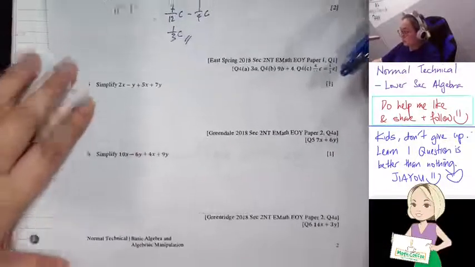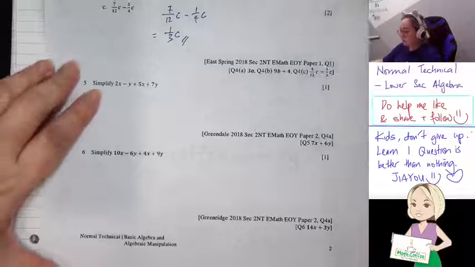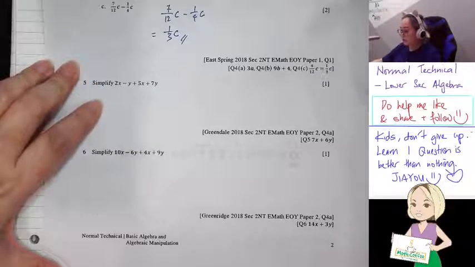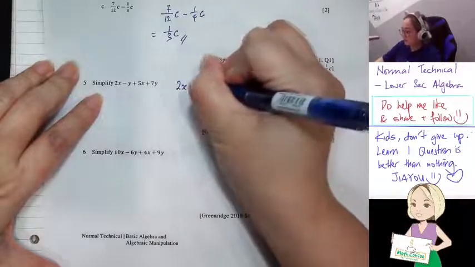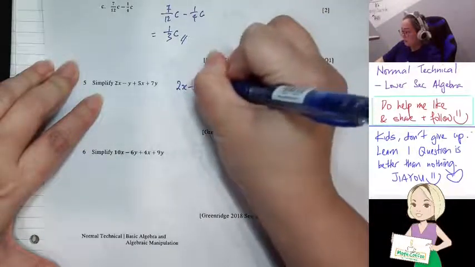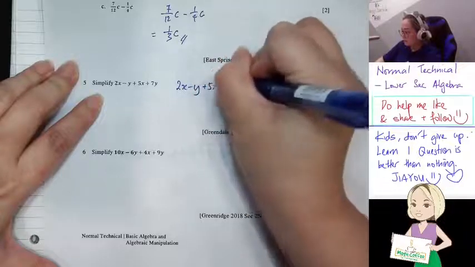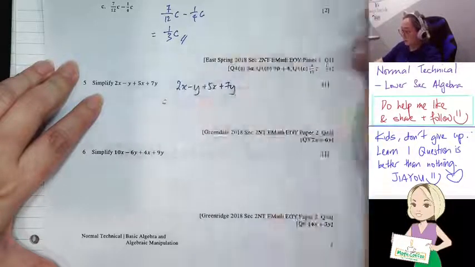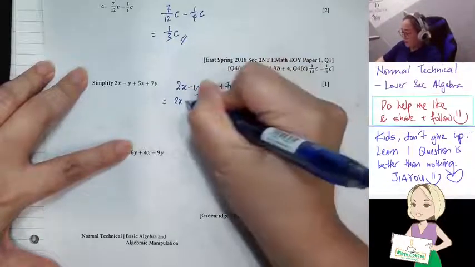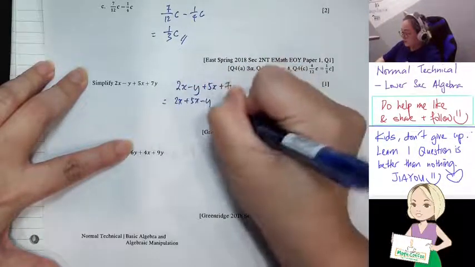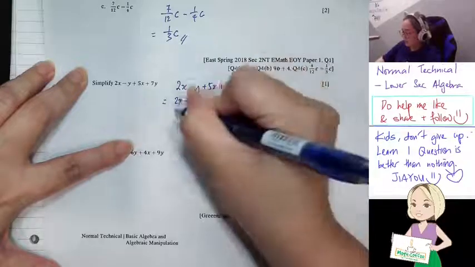Next, question 5. Simplify 2x minus y plus 5x plus 7y. So let's just write out the question. Same thing, group the like terms together. So we have 2x plus 5x minus y plus 7y.